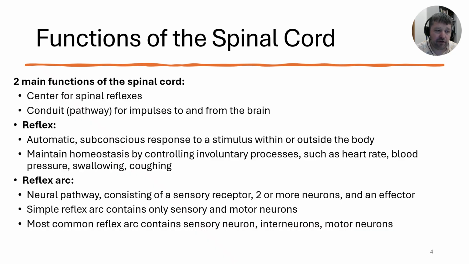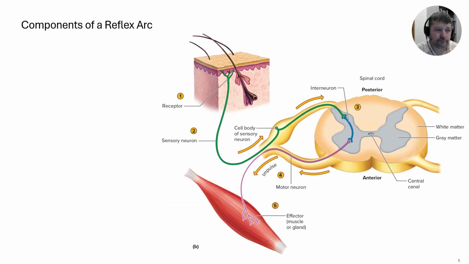Okay, maybe just one sensory and one motor neuron. Okay, complex arcs could involve multiple sensory neurons, okay, multiple interneurons, multiple motor neurons, and we'll look at some examples of how this works right now.